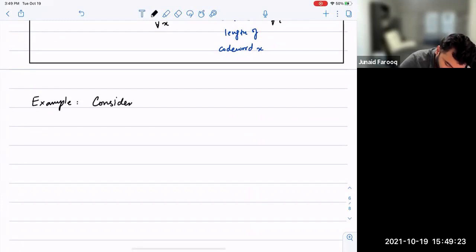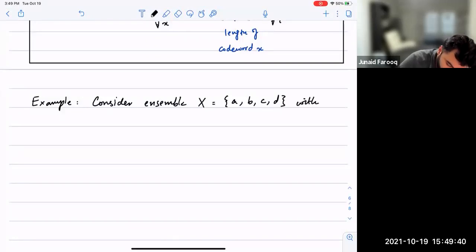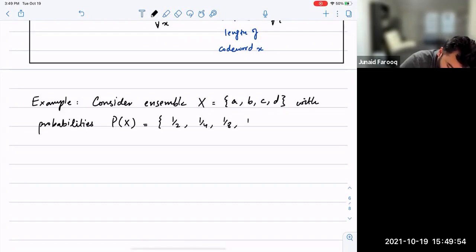So consider ensemble X is composed of 4 different symbols with probabilities. P of X is 1/2, 1/4, 1/8, 1/8, right? The same old example.